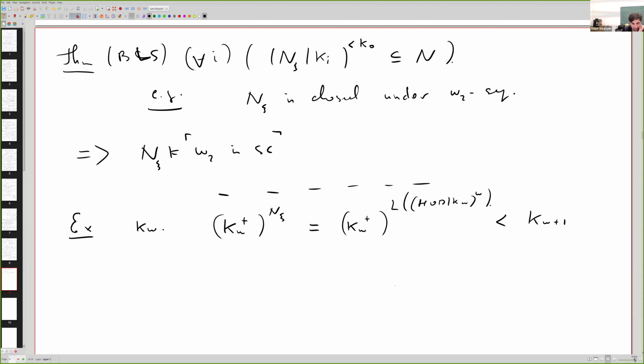And this means that this model L is a model of some higher determinacy.